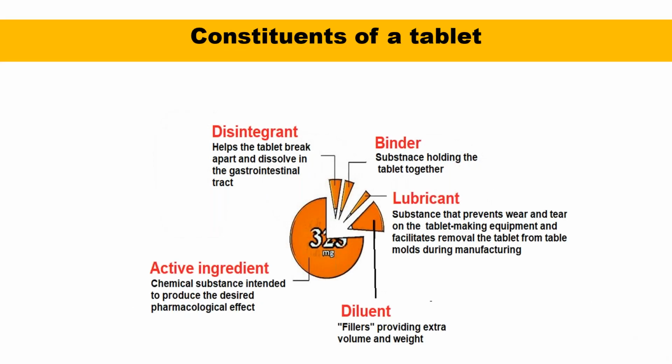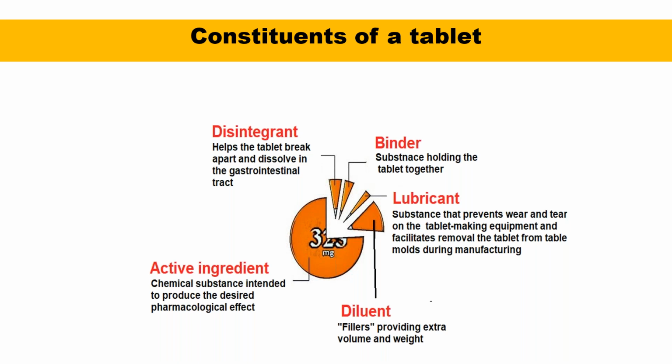So just have a look at the constituents of a tablet. It has active ingredient, diluent, lubricant, disintegrant, and binders. The active ingredient is the chemical substance intended to produce a desired pharmacological effect.